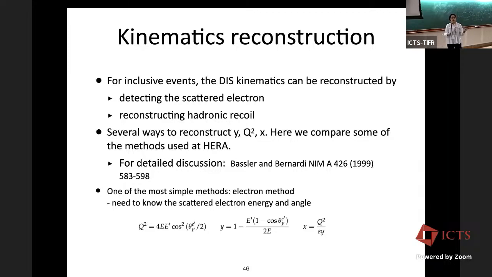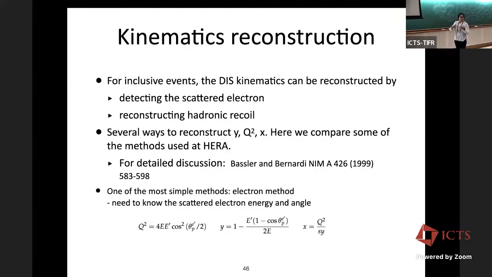So we need to reconstruct these kinematic variables, x and Q squared. But those are not what you actually directly measure, right? What you actually measure is something like the scattering electron energy, scattering electron angle, and hadron momentum, for example, and the angle of it. And from those detected variables, we want to reconstruct x, Q squared and y.